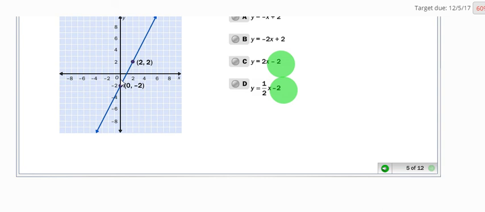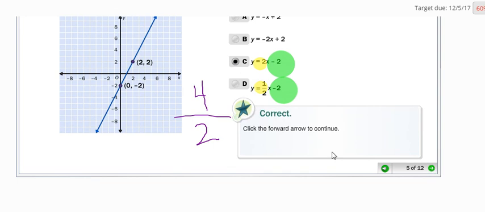So if we go up 1, 2, 3, 4, we went up 4, and then over 1, 2, up 4 over 2. 4 divided by 2 reduces to 2. That 2 is going to occur as the slope right here in front of the x. So when we look at our two options, it is going to be 2x - 2.